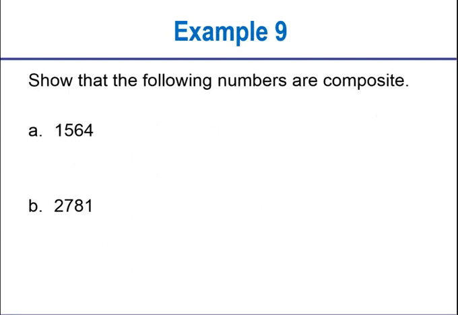Now for this problem, we are supposed to show that 1,564 is either prime or composite. This actually says show that the following numbers are composite. So that's our goal. We want to show that this is composite, which means something other than 1 and itself divides 1,564. So my question to you is, what divides, let me write this down, what is the divisor of 1,564?